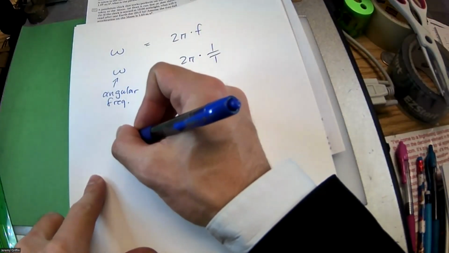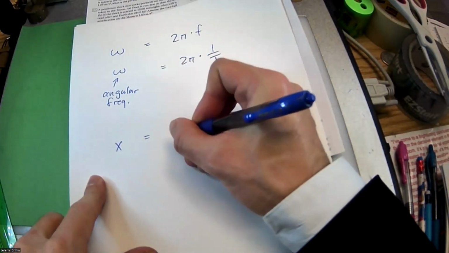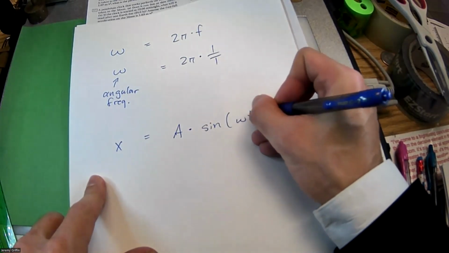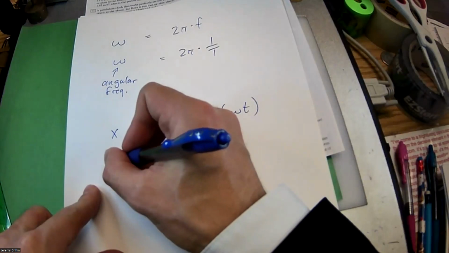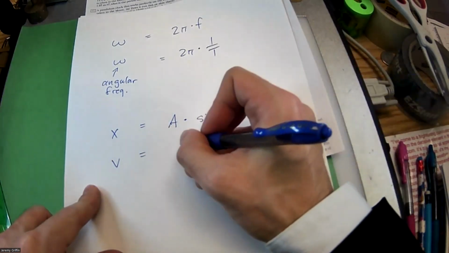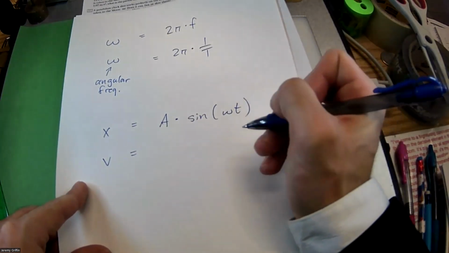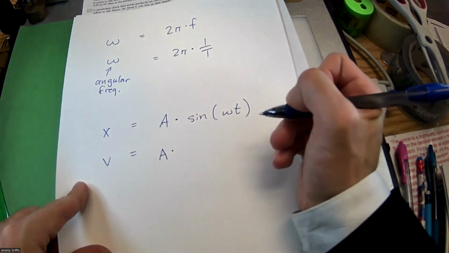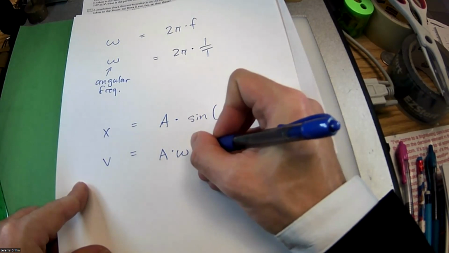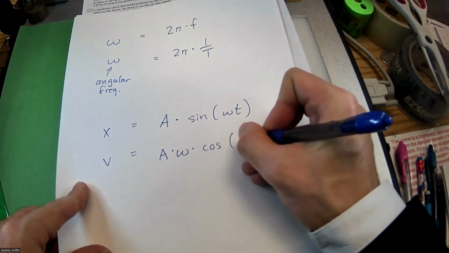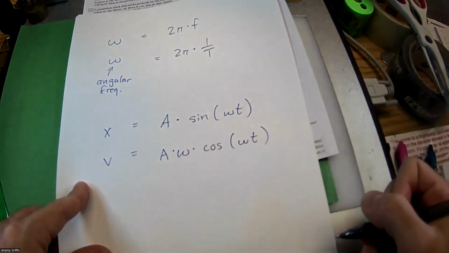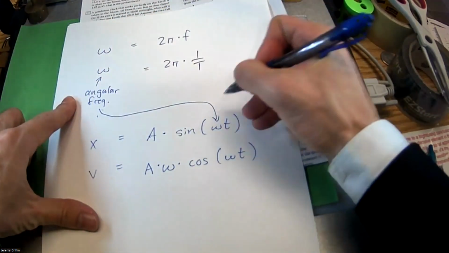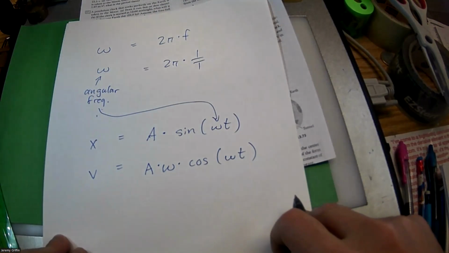Remember, I told you guys if x is equal to A times sine omega t, then velocity is equal to how's this formula going to go? A times omega times cosine of omega t, right? Remember, omega is the angular frequency, so it's going to feed in there.